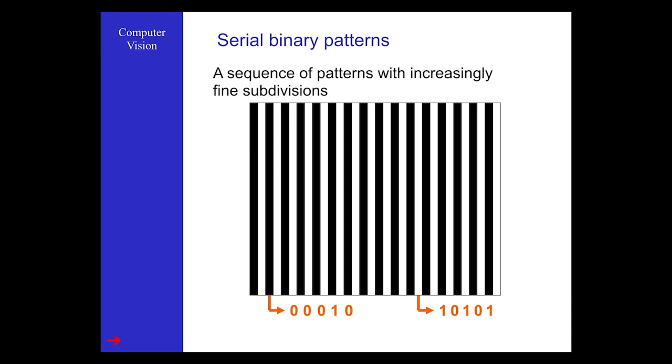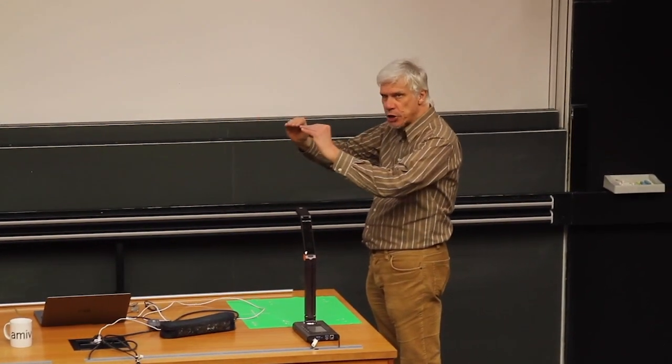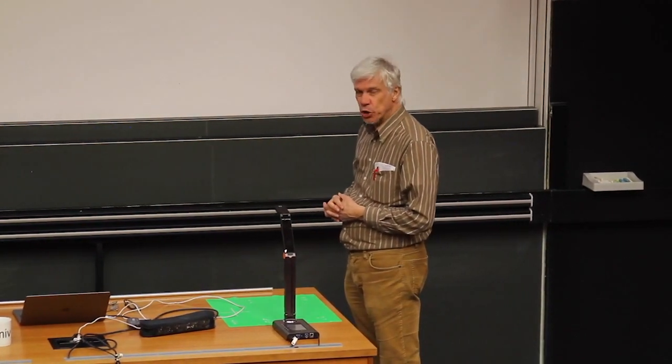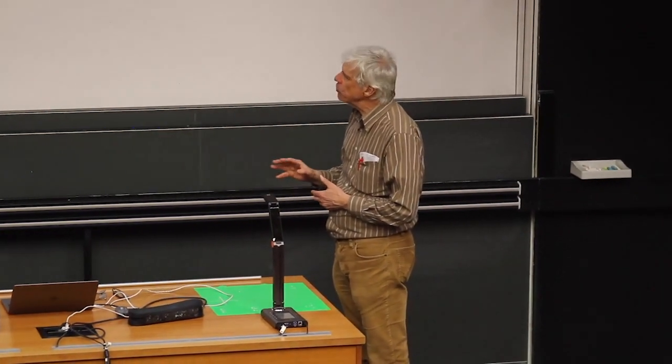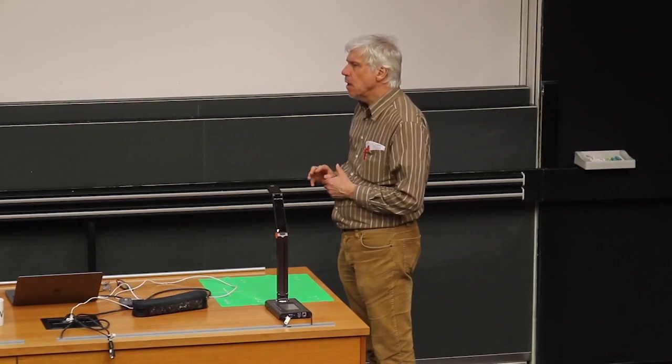Now, what this is in the end about is identifying multiple projection planes. Think about the line scanner that we had before, the sheet of light. We had to know the equation of the sheet of light to do the triangulation. The same here. You have to know where exactly we are in this pattern.